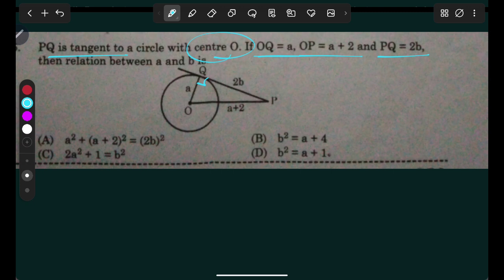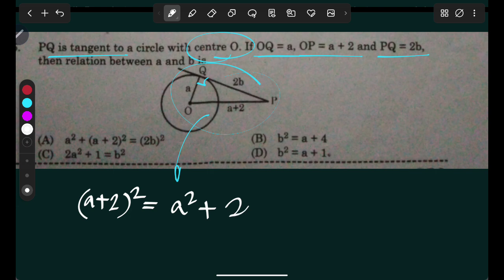So applying Pythagoras theorem in this triangle, hypotenuse square, that is (a plus 2) whole square, comes out to be base square, a square plus 2b whole square. This is what we have to apply, Pythagoras theorem in this question.